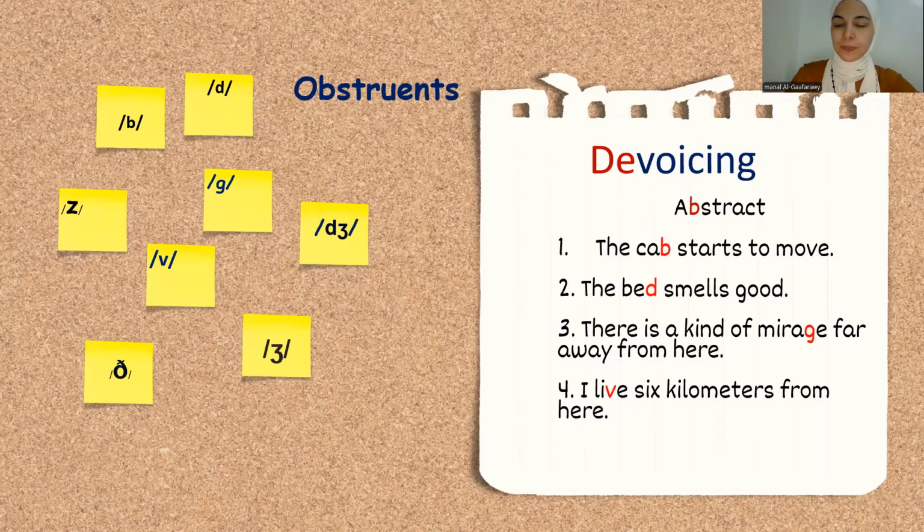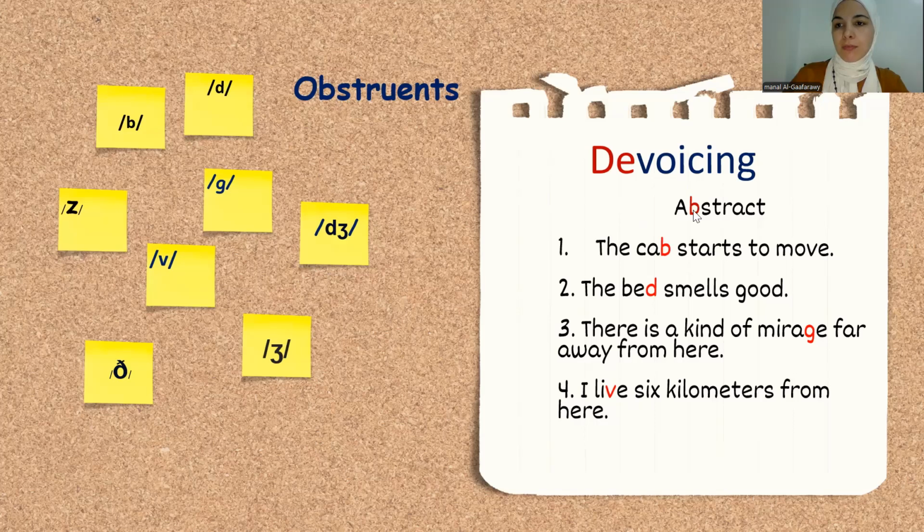So, for example, if you have a look at this word, we don't actually say abstract with the B sound in its voiced form. Rather, we pronounce it abstract. Why? Because it occurs before a voiceless consonant, and this voiceless consonant caused the voiced one, which is B, to lose its voicing.